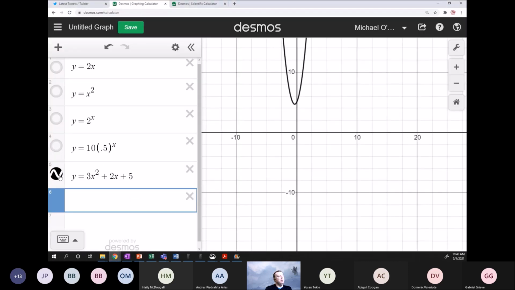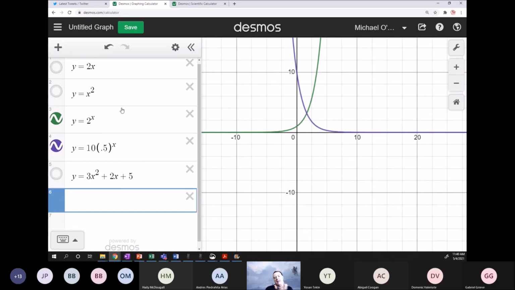Since we kind of know what we're looking for now, what's common between these two? What stands out in the equation when you look at the rest of these? What's different about these two compared to the rest of them?